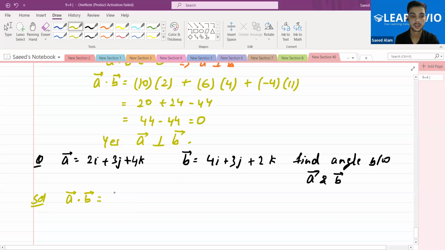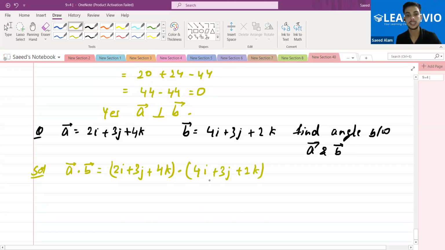That is 34. Let's see, 2i plus 3j plus 4k, and we need to dot it with 4i plus 3j plus 2k. And we know that we just need to multiply the i component with the i component. So 4 2s are 8 plus 3 3s are 9 plus 4 2s are 8 again.